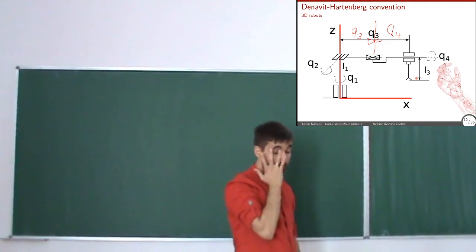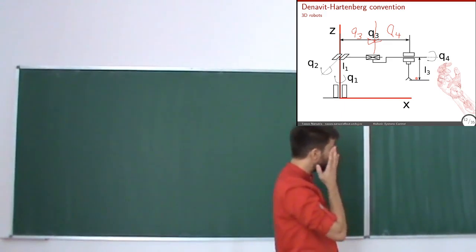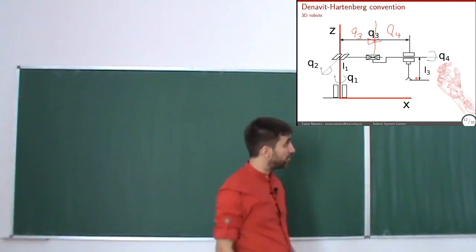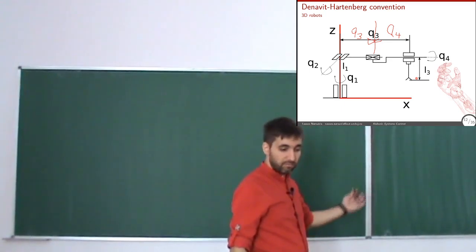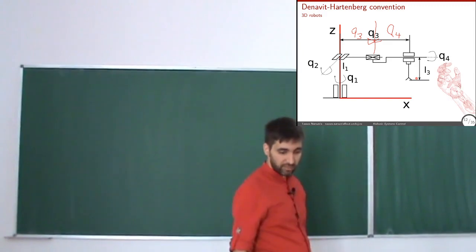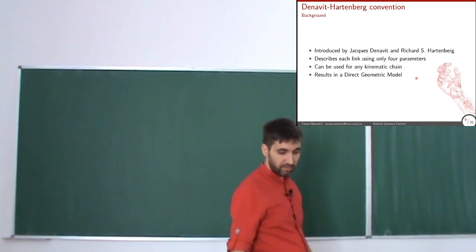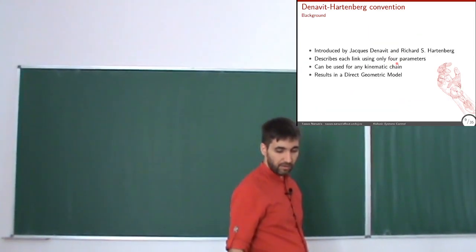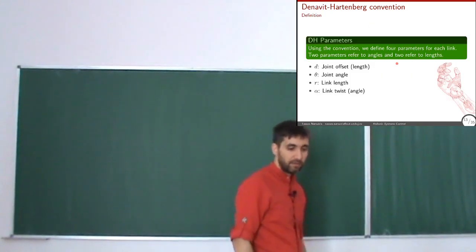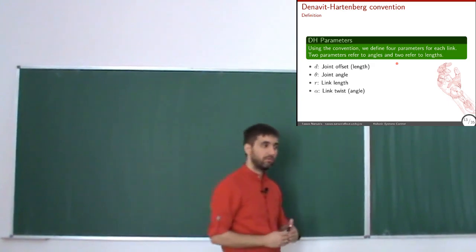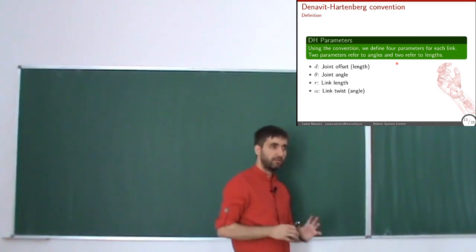This is because we're going to use these drawings quite a lot for examples, so it's better if it's clear to everyone. Now, we said Denavit-Hartenberg convention, we said 4 parameters, right? What are these 4 parameters? Basically, it's 2 distances and 2 angles.